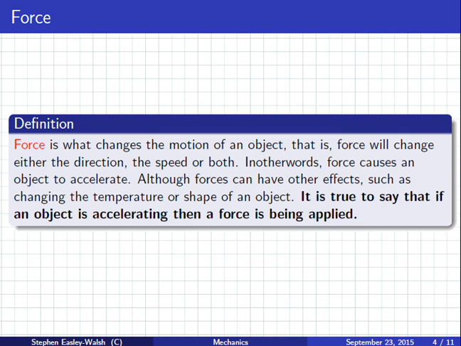So really the piece at the end is the key piece here. It is true to say that if an object is accelerated, then a force is being applied. This is the key point here. If an object is accelerating, then a force is being applied. This is critical.